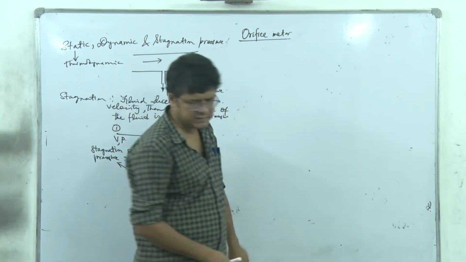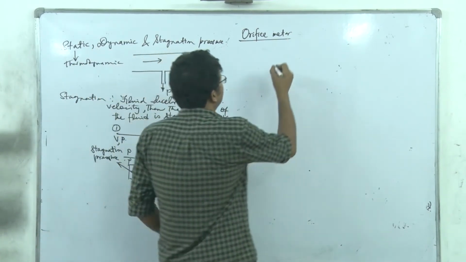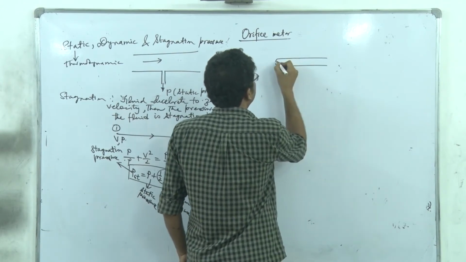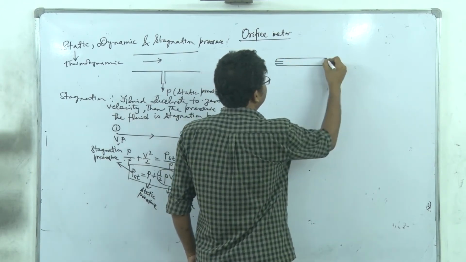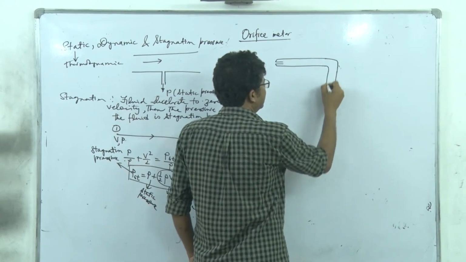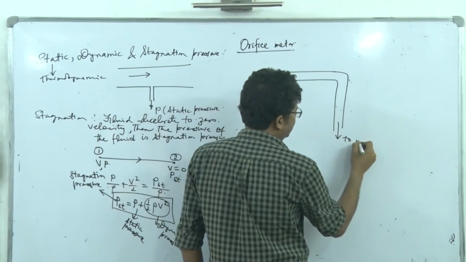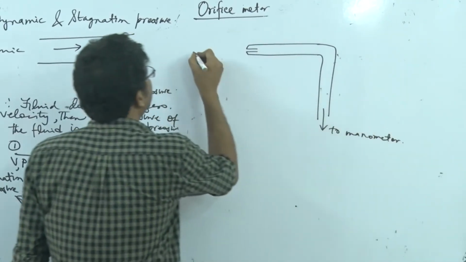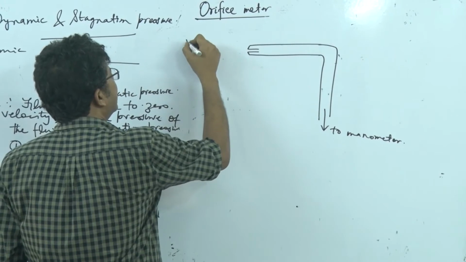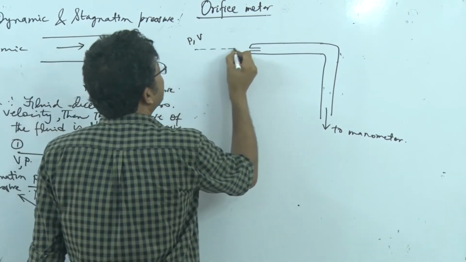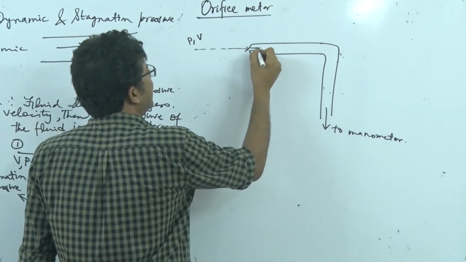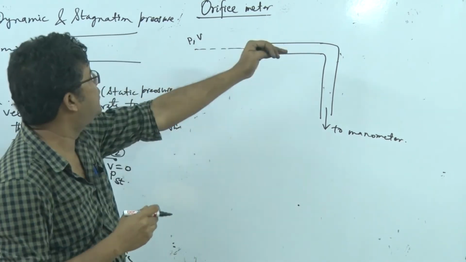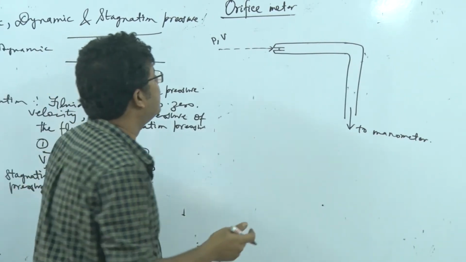Here in the tube we place a capillary like this, and that goes to the manometer. If the pressure is P and velocity V here, the fluid, because of the strong interfacial tension effect, will not be able to flow, so it is decelerated to zero velocity.